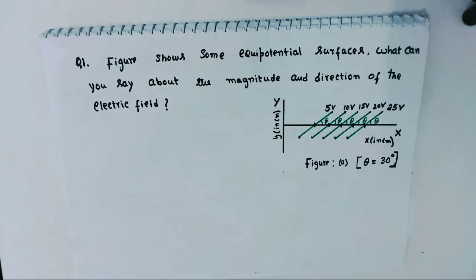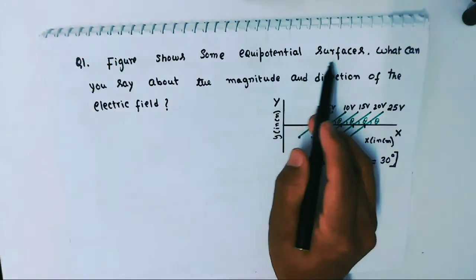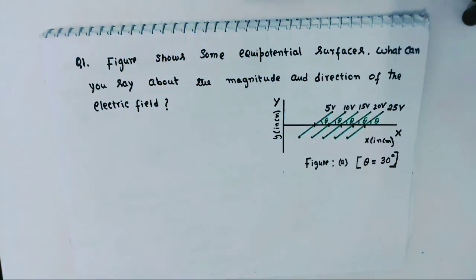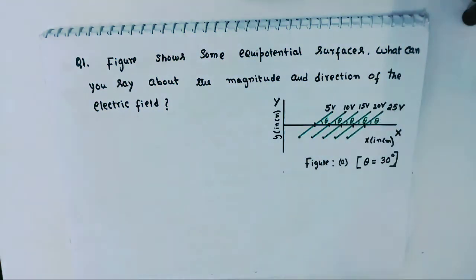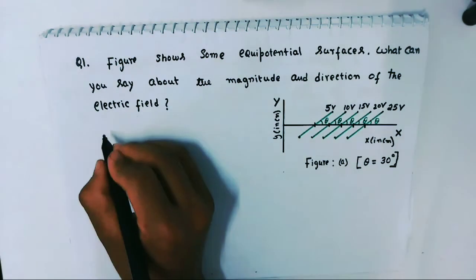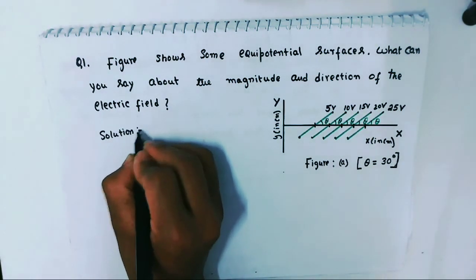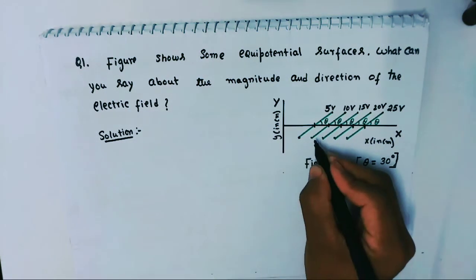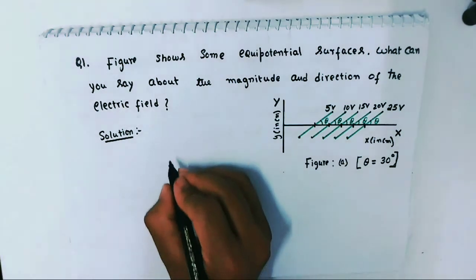Now, let us solve this question. Figure shows some equipotential surfaces. What can you say about the magnitude and direction of the electric field? So, solution. For simplicity, let us consider only two surfaces.